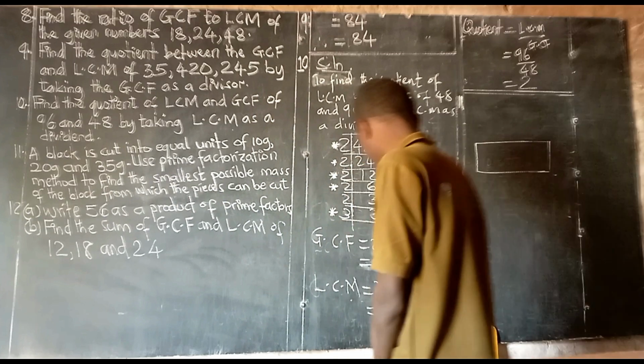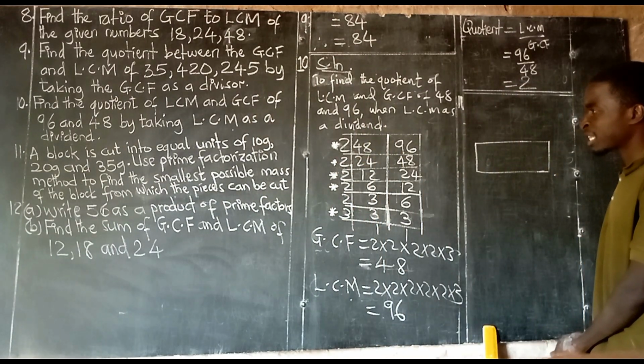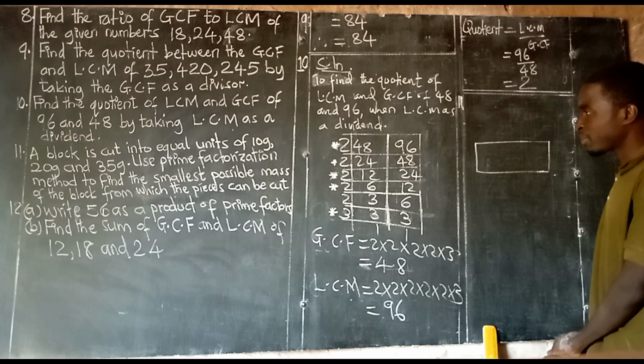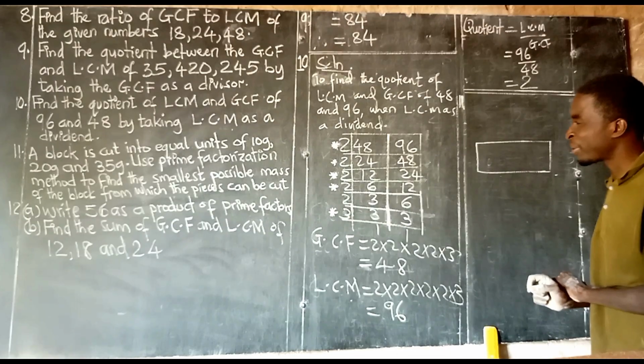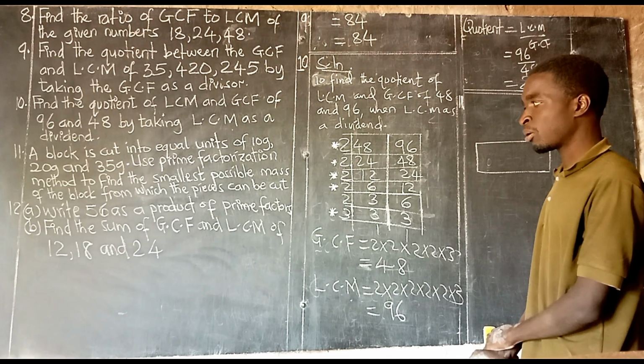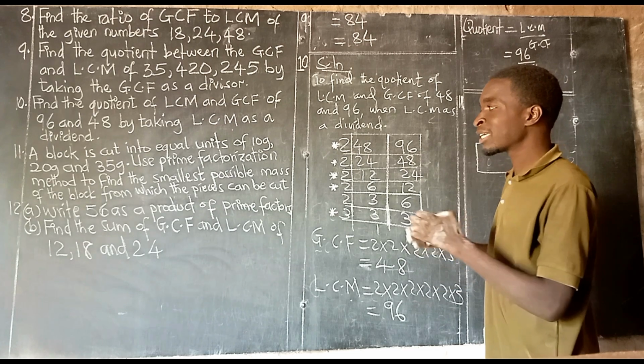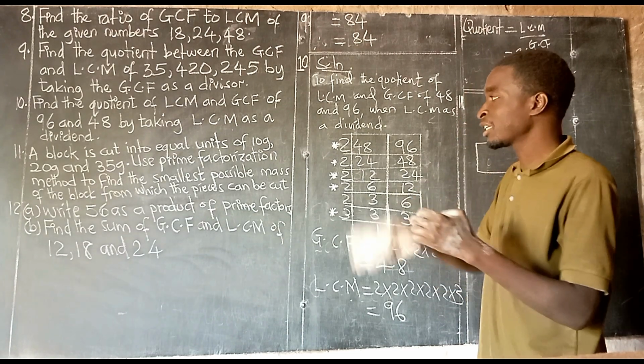Now you may think, if that is the case, use prime factorization method to find the smallest possible mass of the block from which the pieces can be cut. So it means that a block has a certain size, but you have to divide it into different pieces.